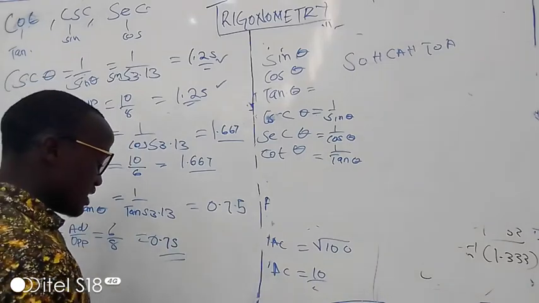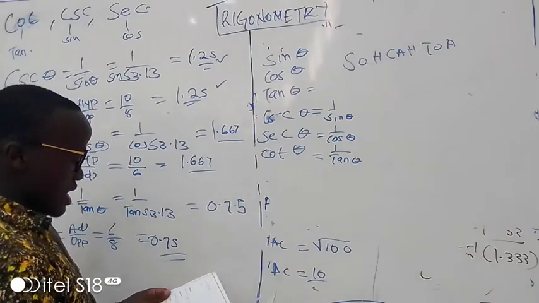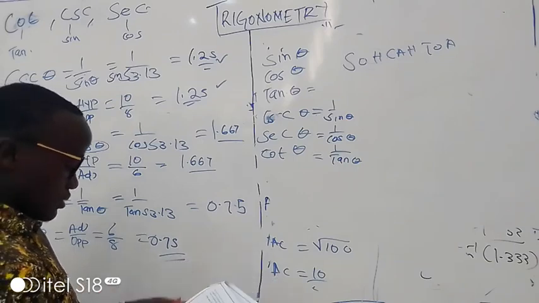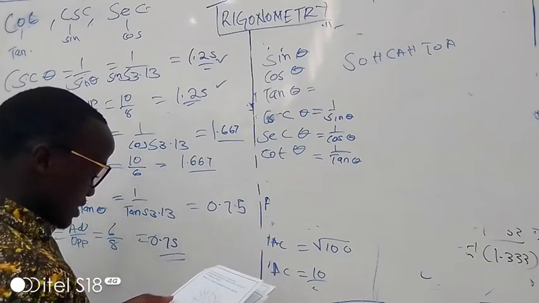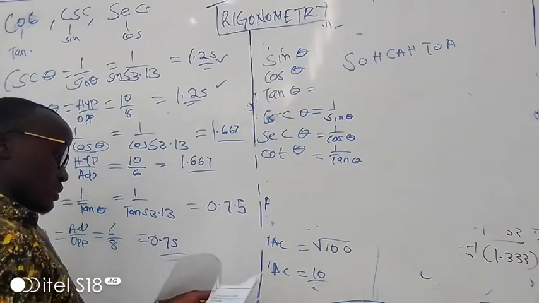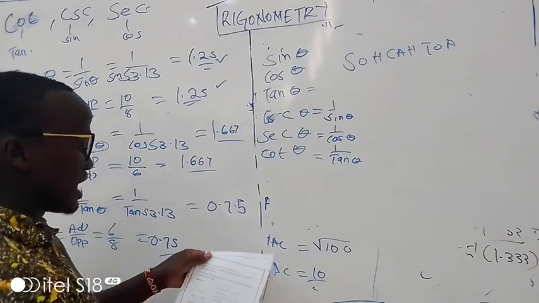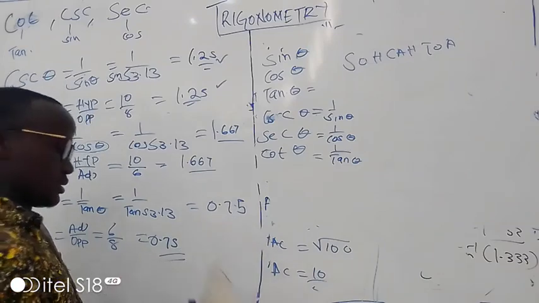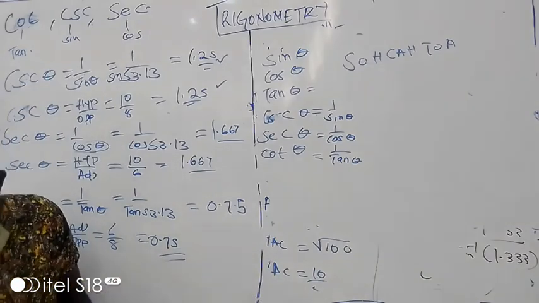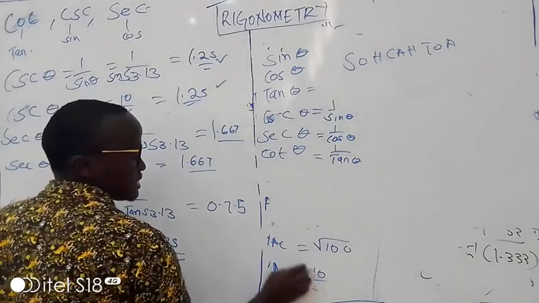So we can look at another subtopic here, which is finding the missing side length given an angle measure. Let's first clean the board.